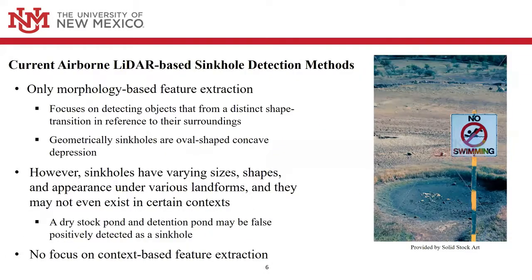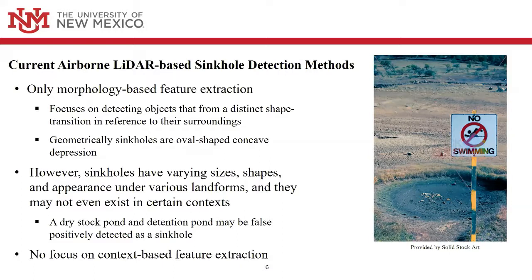So currently, airborne LiDAR already being used for sinkhole detection, but they only use a morphology-based feature extraction. For example, they focus on detecting objects that form a distinct shape transition in reference to their surroundings. For example, geometrically, sinkholes, they are oval-shaped concave depression.